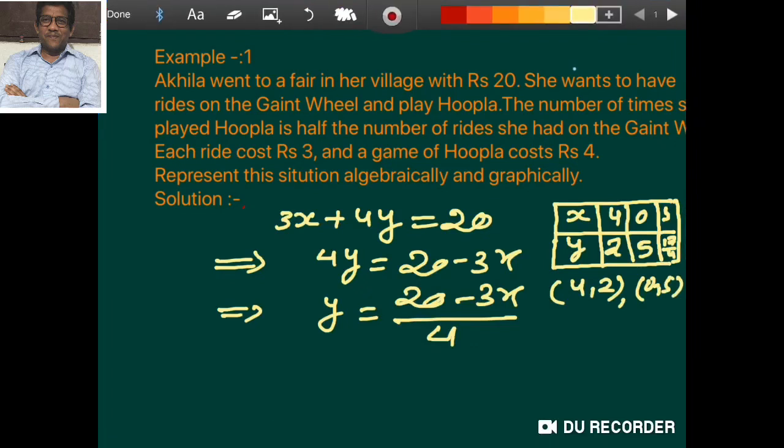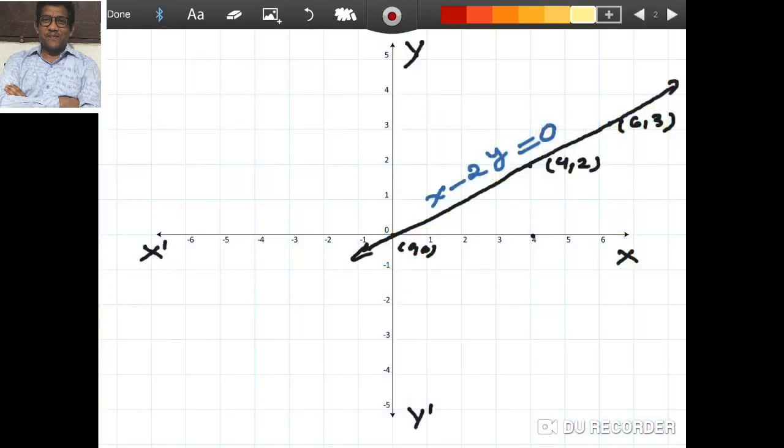For plotting the points, we always consider integer values. We generally avoid fractional values. In the same graph sheet, we draw the points obtained for equation number 2.